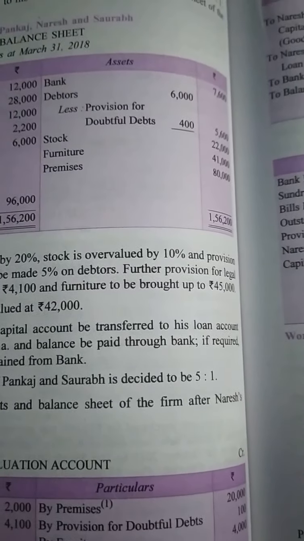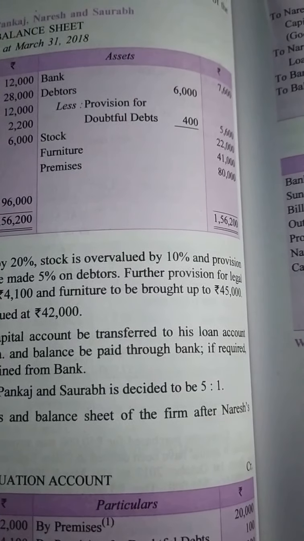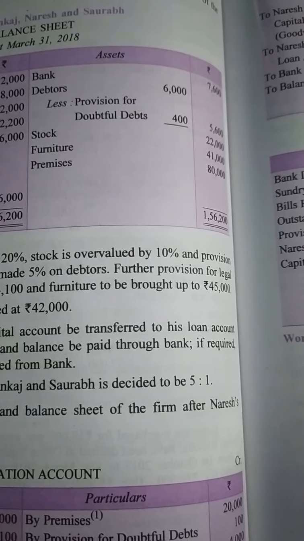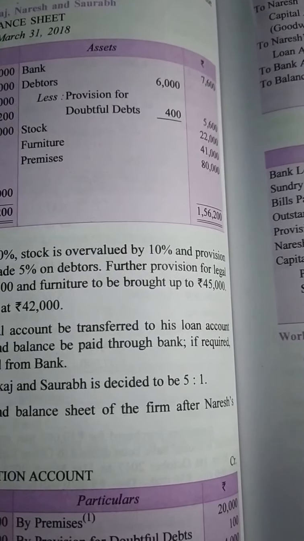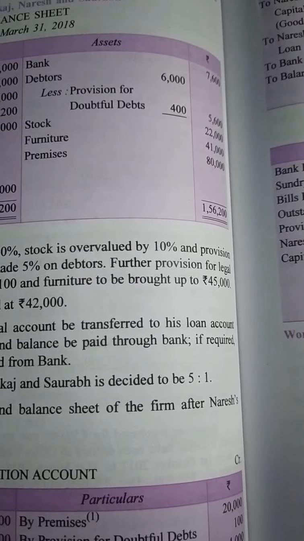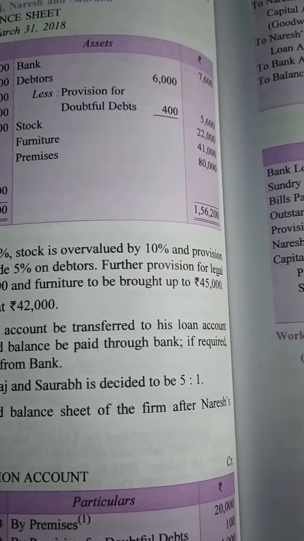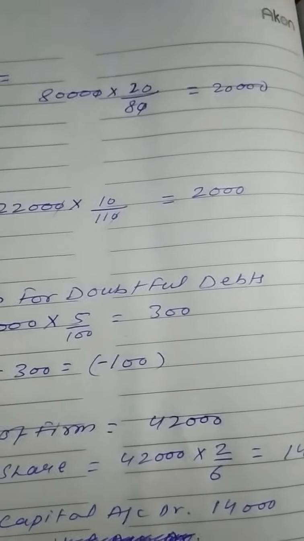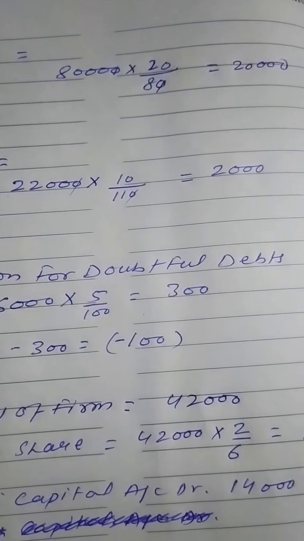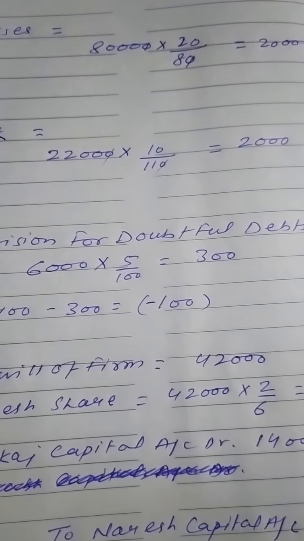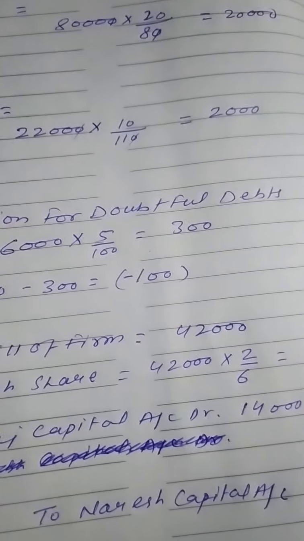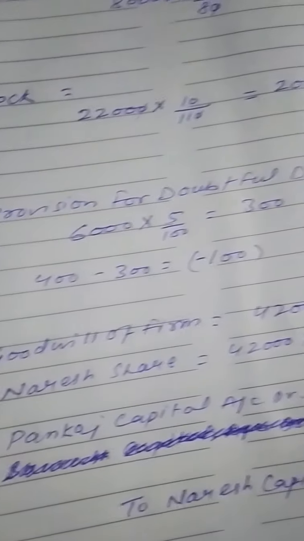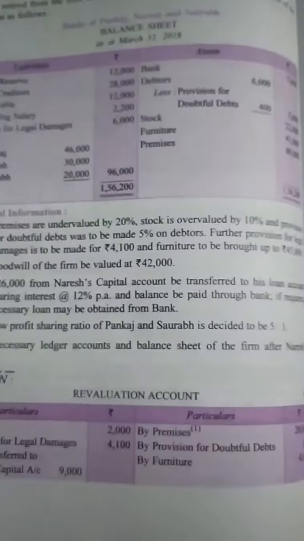So the value of stock, that is 22,000, is 110%, and we need to calculate the 10% overvaluation done by the firm earlier. See, 22,000 upon 110 into 10, we will get 2,000 rupees. Now we have to decrease the stock, and decreasing the stock is shown on the debit side of the revaluation account.